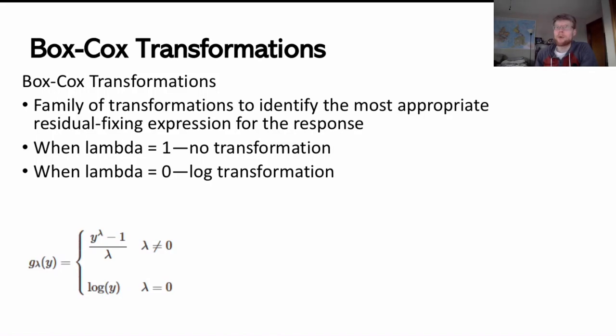And I will mention two special cases here. If we do a Box-Cox transformation and find that lambda equals 1 is a highly valued option, that means that we really don't need a transformation. So a lambda of 1 corresponds to no real transformation in y, because y to the 1 is just y.